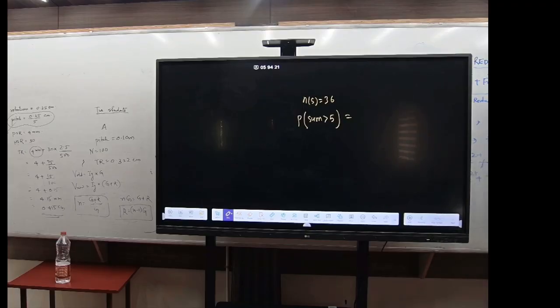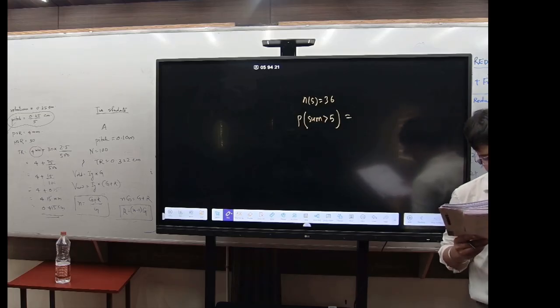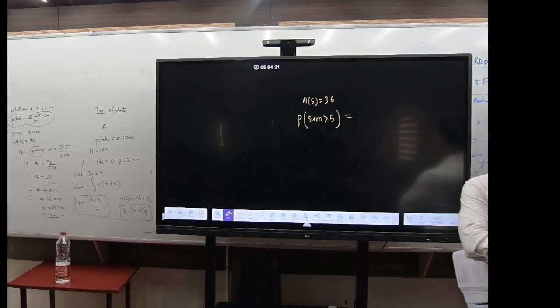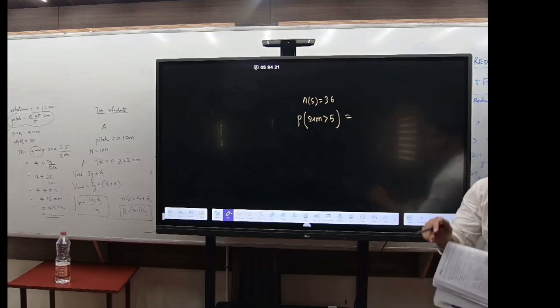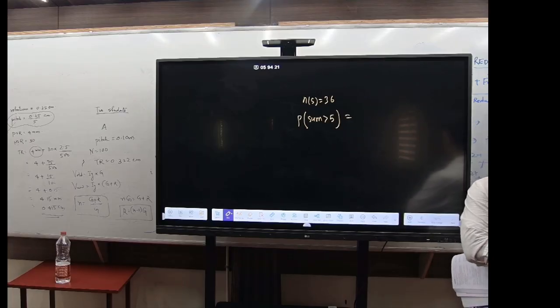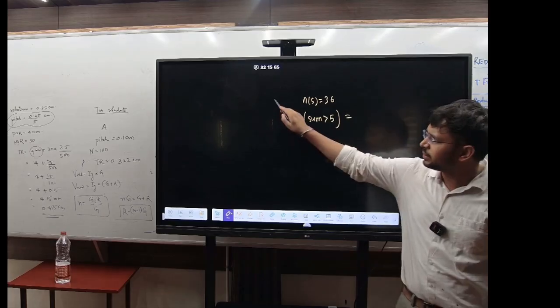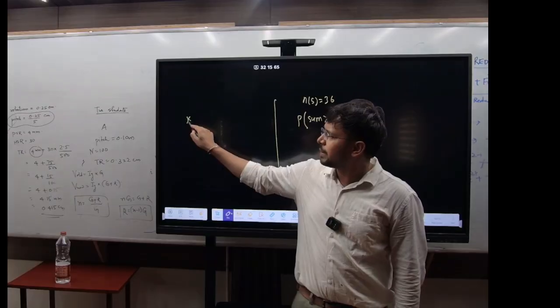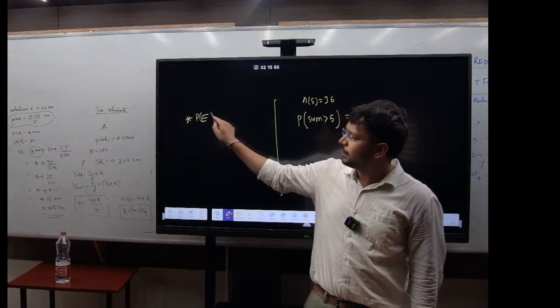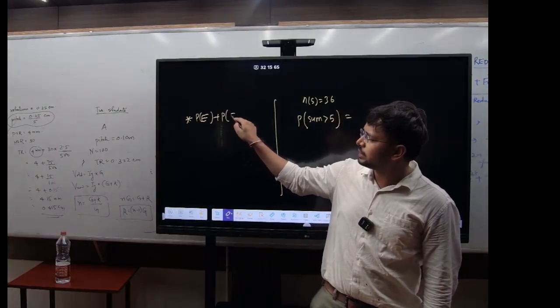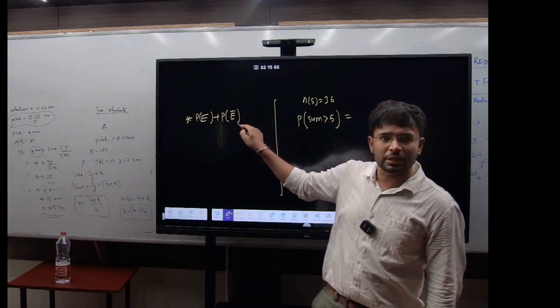Option 1 you are saying 1 by 6, 3, okay, 5 by 36. Now what can be the answer? Now we know one more thing: the probability that an event will occur plus the probability that the event will not occur, what will be their sum?